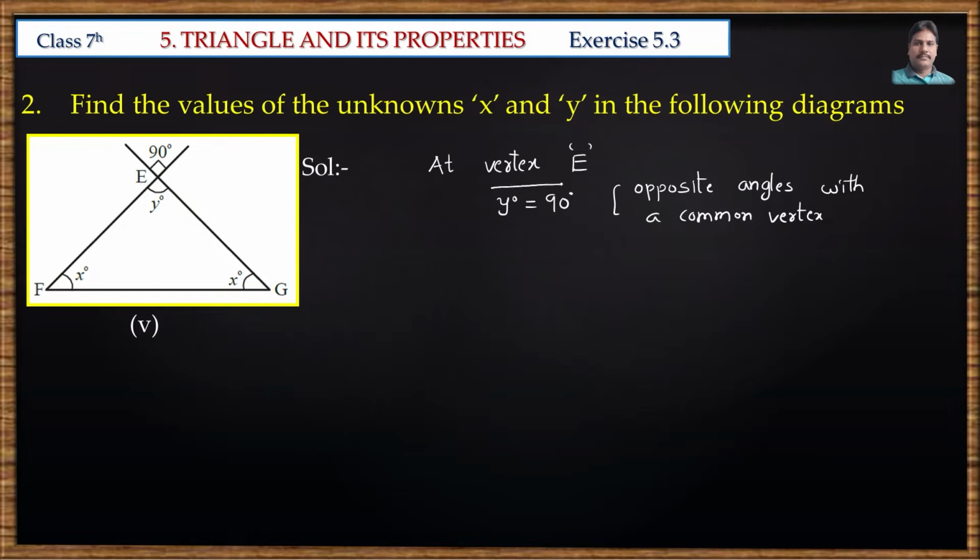So, we got the y value, and we will find the x value by the angle sum property. In triangle EFG, the sum of the angles is x degrees plus x degrees plus y degrees is equal to 180 degrees by angle sum property.